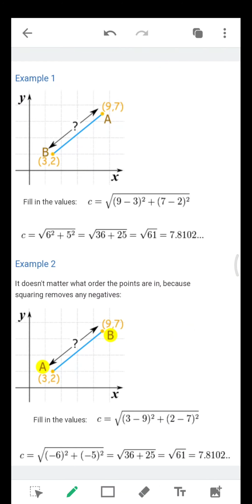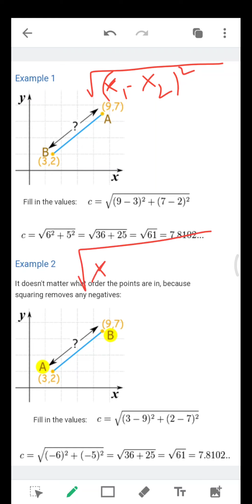So here you can see some more examples of distance. Now one more thing you can notice here, you can write x2 minus x1 or x1 minus x2. That doesn't matter because we are squaring it. If somebody wants to write x1 minus x2 whole square, and your friend wants to write x2 minus x1 whole square, both are correct, okay.